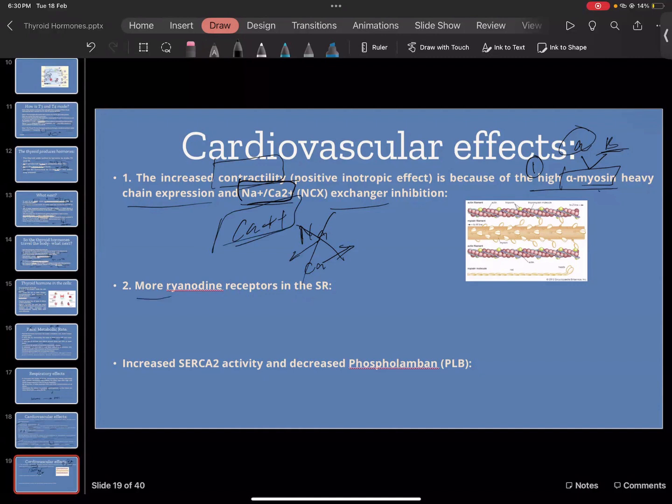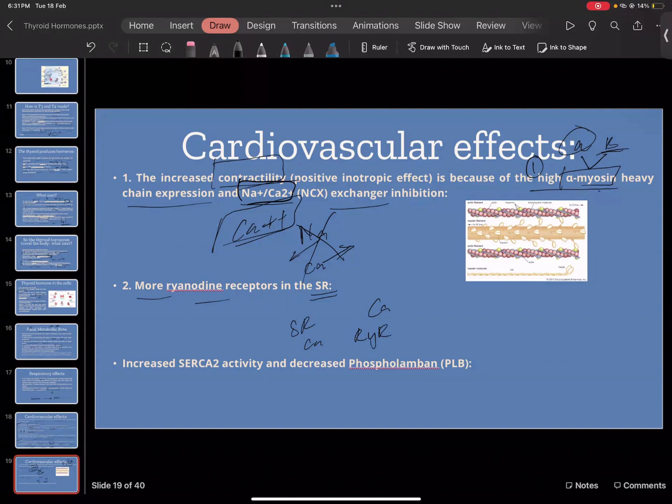So now we go on to the ryanodine receptors in the sarcoplasmic reticulum. Ryanodine receptors are associated with calcium-induced calcium release. So basically what happens in the sarcoplasmic reticulum, we have calcium, right? Then calcium from outside of the cell comes and reaches the ryanodine receptors.